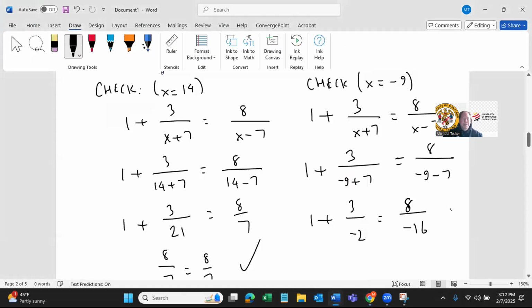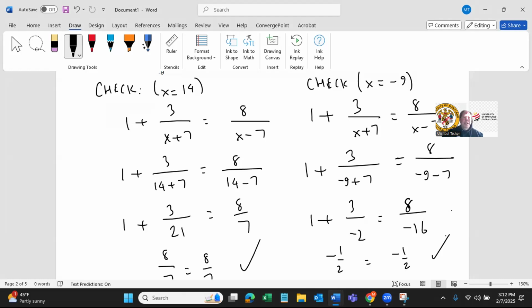So it checks out. So we can safely say now that 1 plus 3 over -2 is the same as -1/2. And 8 over -16 is also -1/2. Same thing on both sides, so that checks out as well. Okay, so this officially verifies that 14 and -9 are both solutions.